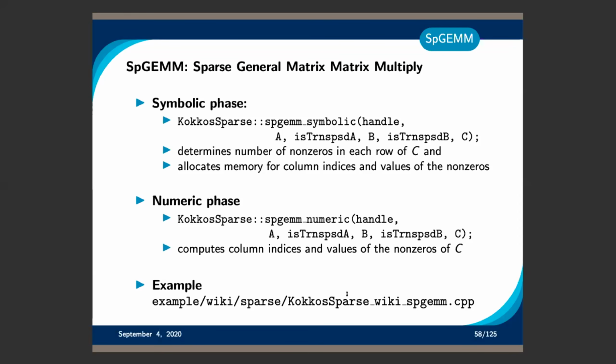The goal of the symbolic phase is to compute the number of non-zeros in each row of C, and that allows us to allocate memory for the entries view and the values view of matrix C. In the numeric phase, which has a very similar interface to the symbolic phase, we actually compute the column indices and the values of the non-zero entries of C. Again, you can find an example in our example wiki sparse subfolder.